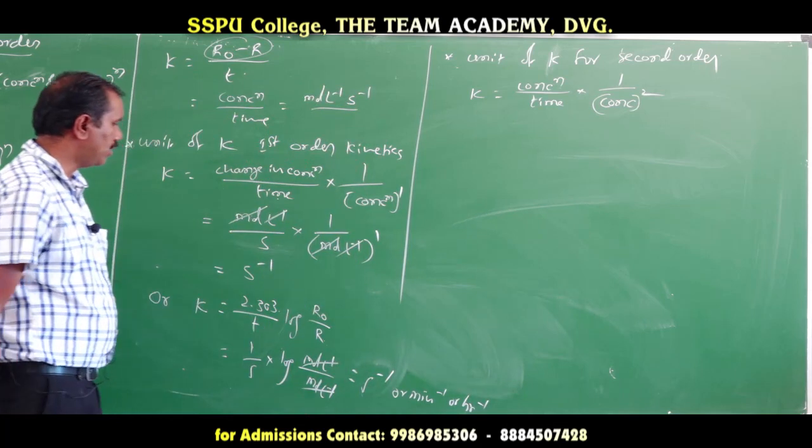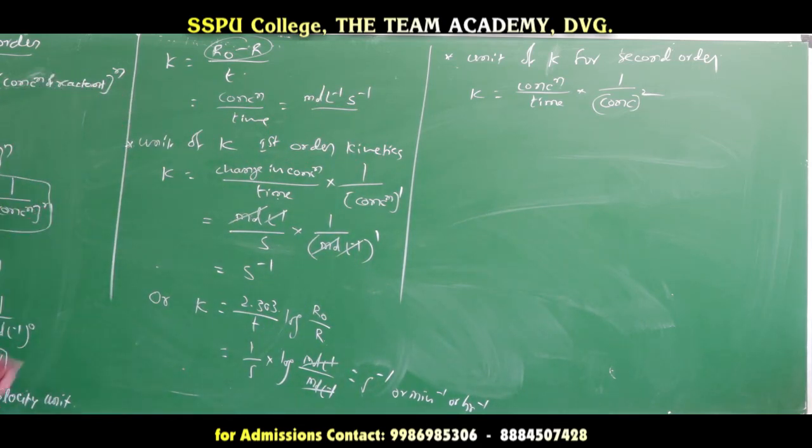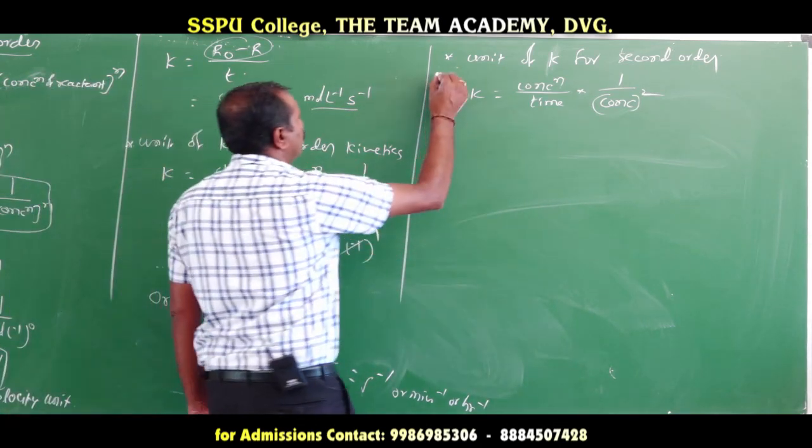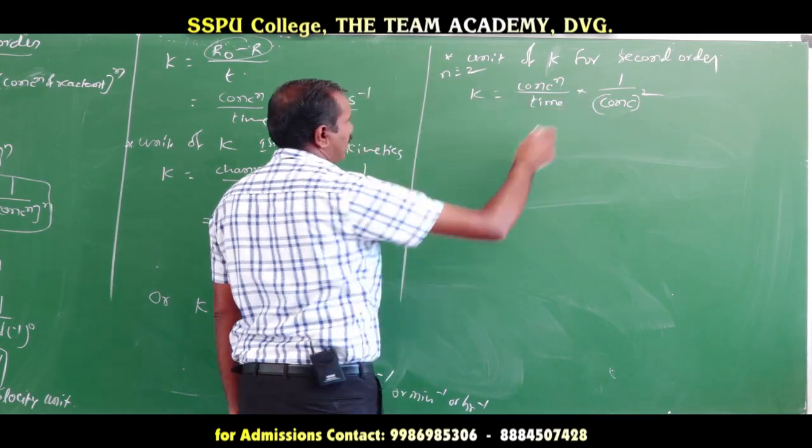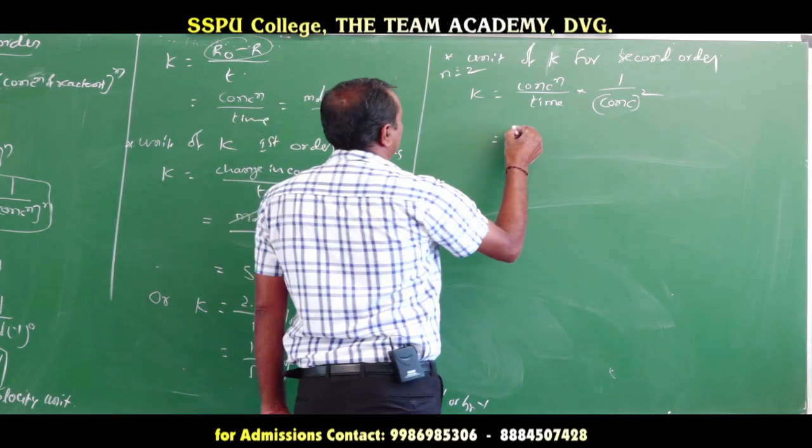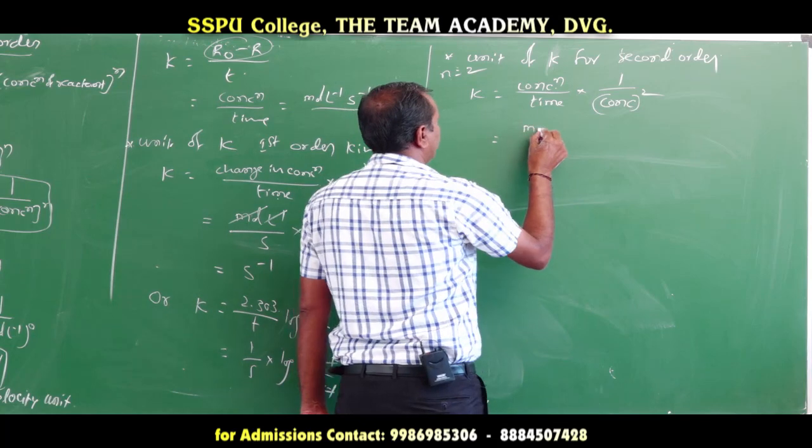Why? It is second order, so the n value should be 2. If n value is 2, then how to express it? What is the concentration unit? Mole per liter.